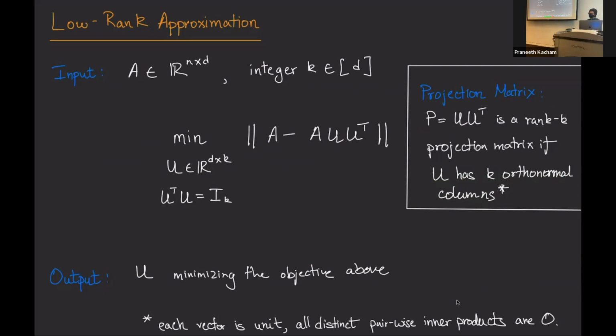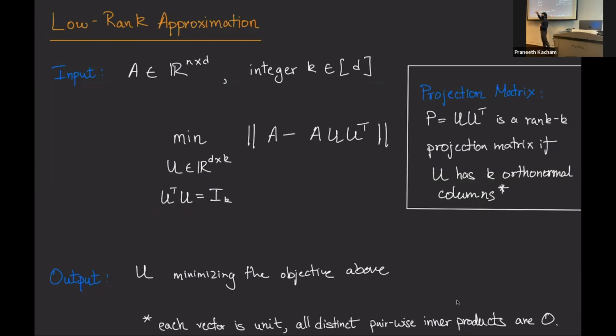Okay, so such a matrix is a projection matrix, and what we want to do is optimize this objective over all rank k projection matrices. Note that we can concisely encode this constraint by writing U transpose U equals the identity, the k-dimensional identity. And the reason for this is, if you consider the diagonal of this matrix, it's going to be all ones.